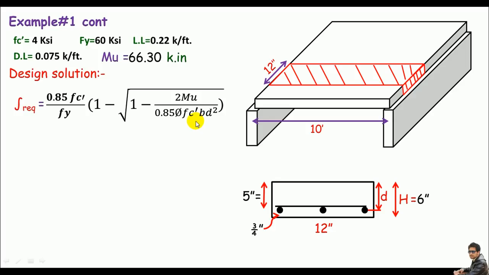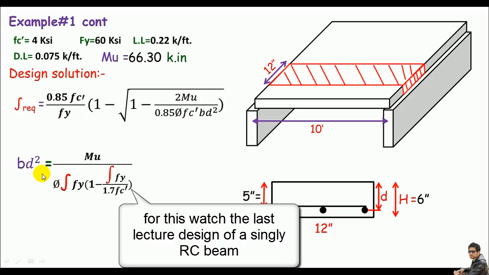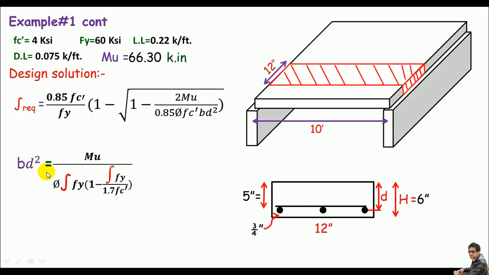Remember from the previous lecture, when we were designing a rectangular beam, you have already learned bd squared equals blah blah blah. Actually, the above formula is just the rearrangement of this below formula. To know better about this formula, of course you can watch the previous lecture, the design of a singly reinforced concrete beam. I'll come to my required rho, right?